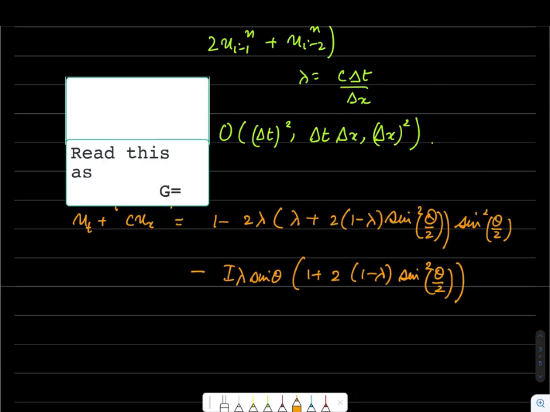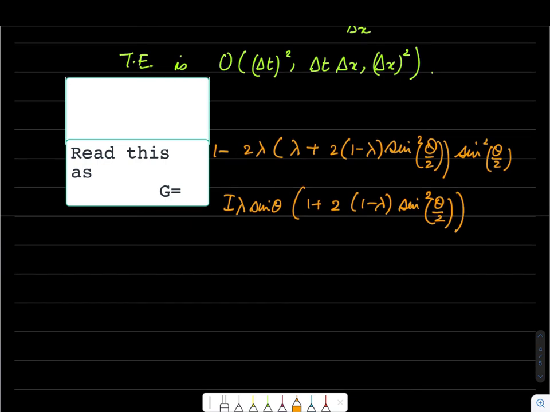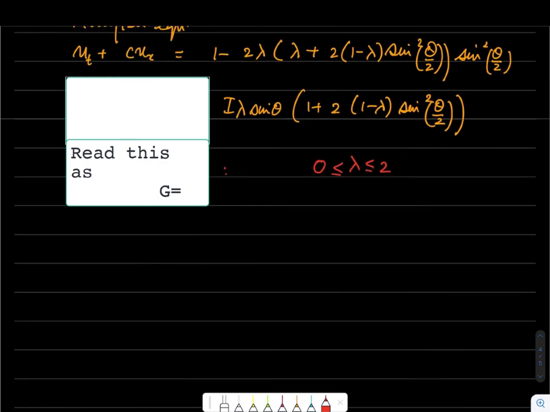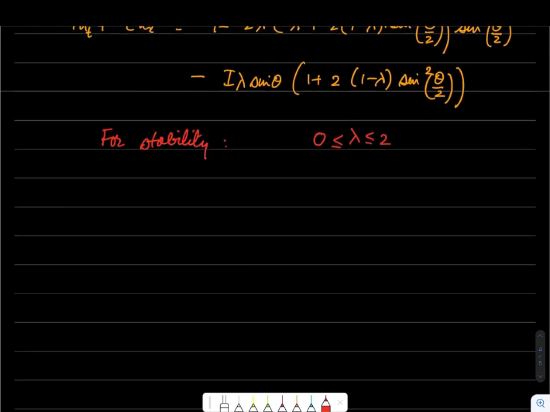So for this scheme, the stability criterion actually gets slightly modified. For stability, this scheme requires λ to be less than or equal to 2 and greater than or equal to 0. It is greater than or equal to 0 because we have taken c to be greater than or equal to 0, and so there's a wider range in which the CFL number can vary.